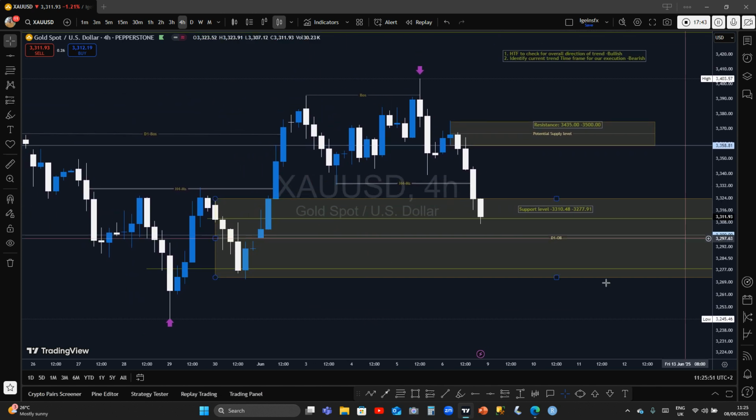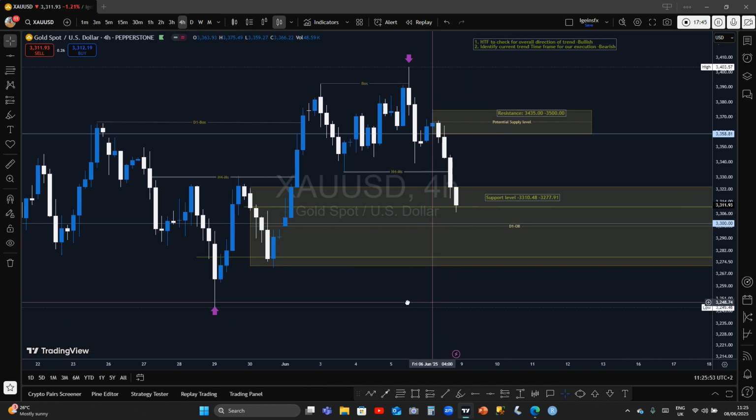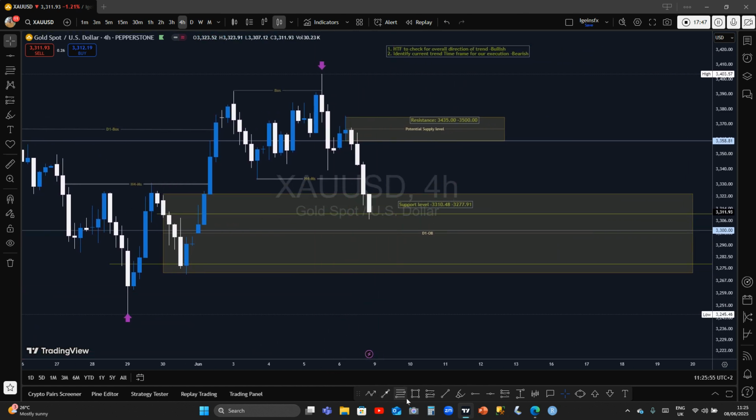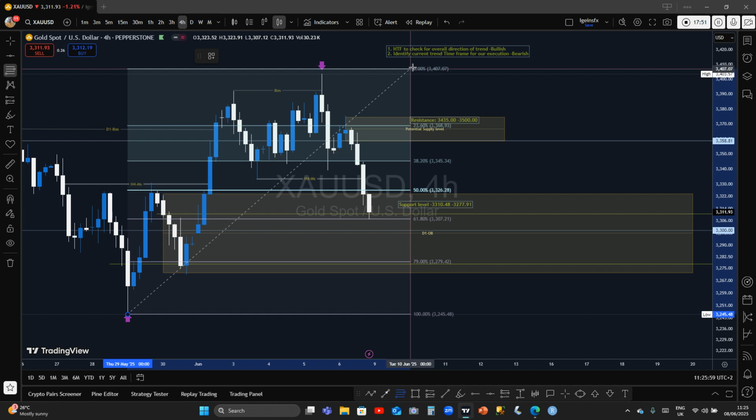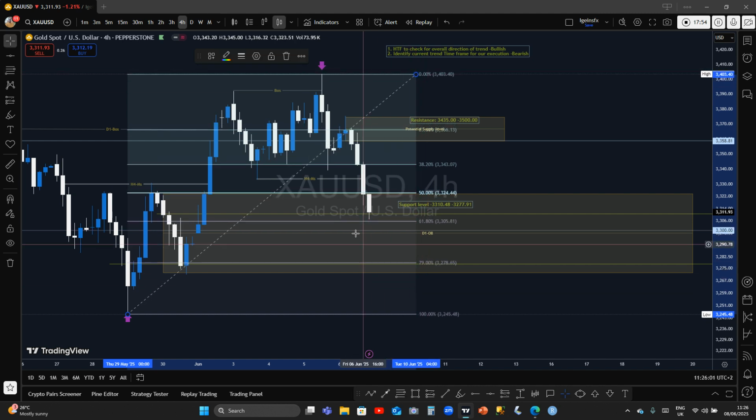Let's use another confluence to buttress our point. Measure from here to this point. Where is price? Price has traded into our discount level, guys.